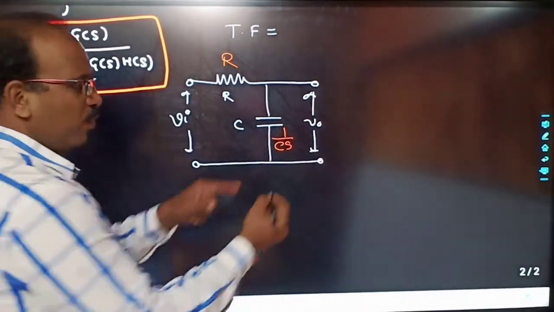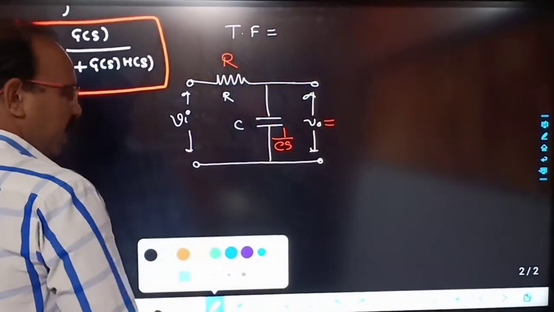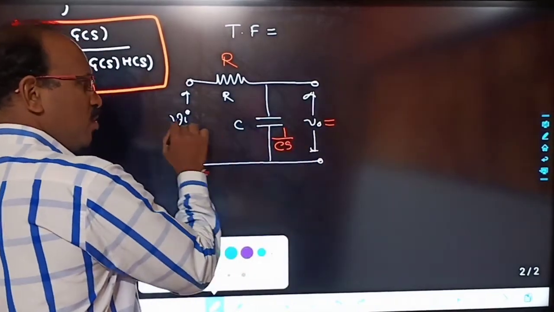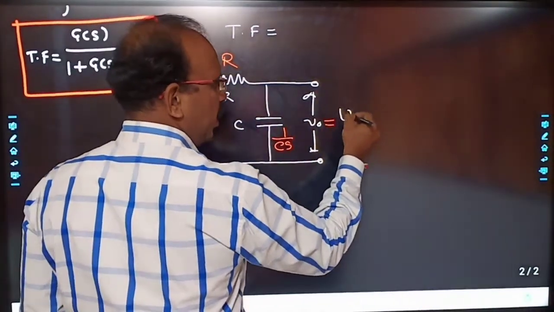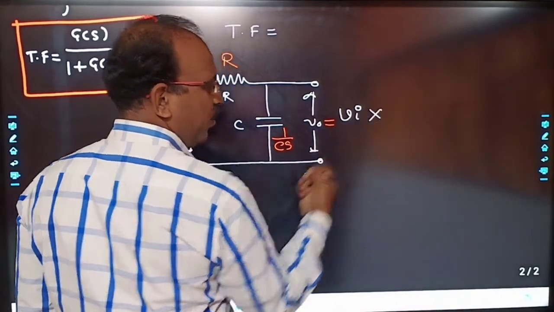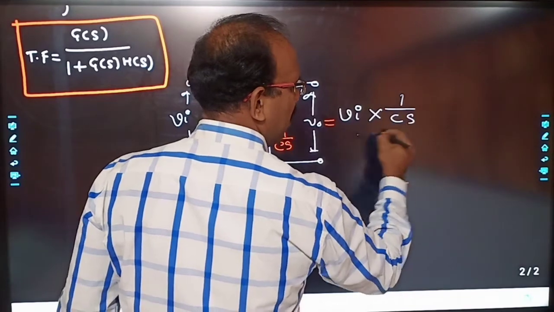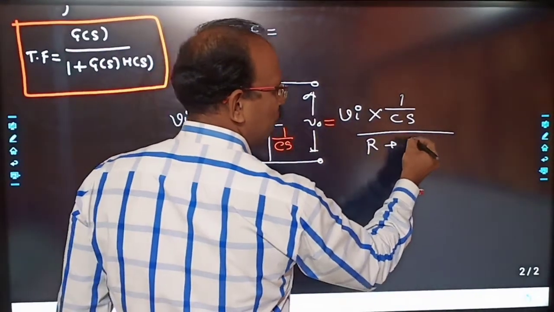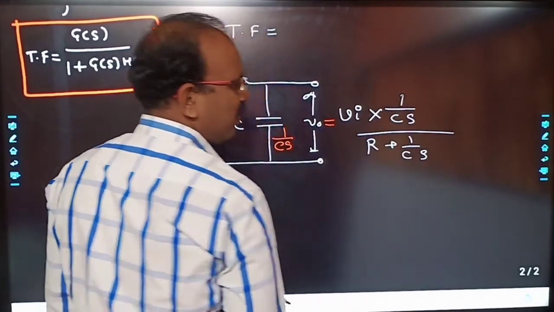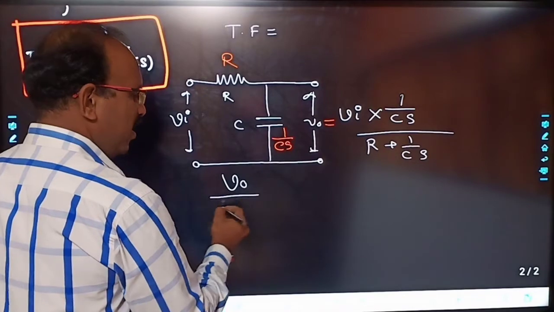So VO equals the input voltage Vi into 1 by Cs upon R plus 1 by Cs, using the potential divider. Correct? What we want is VO by VI.